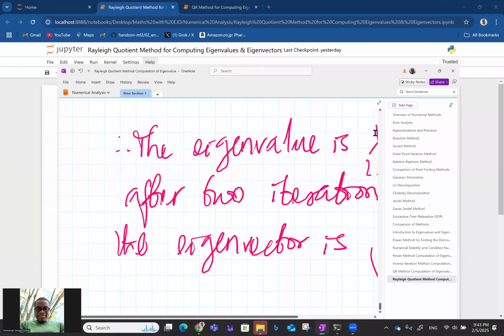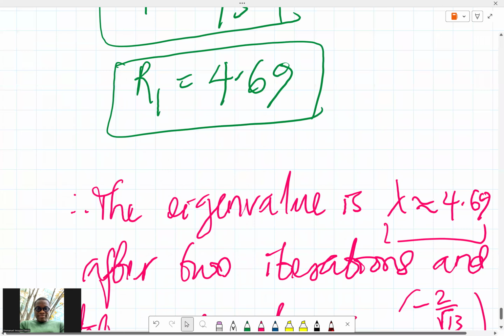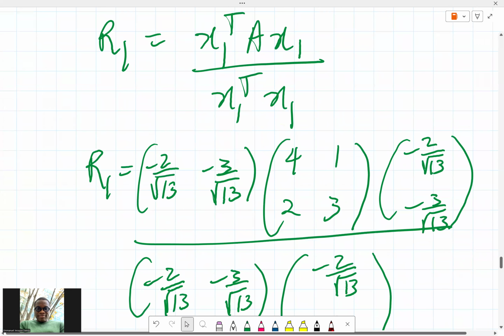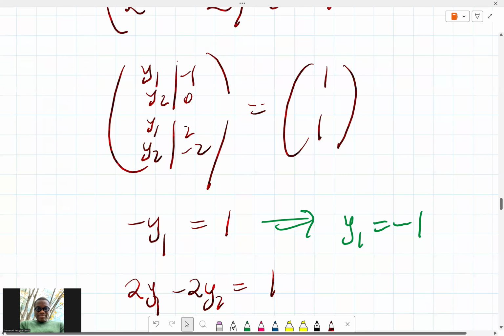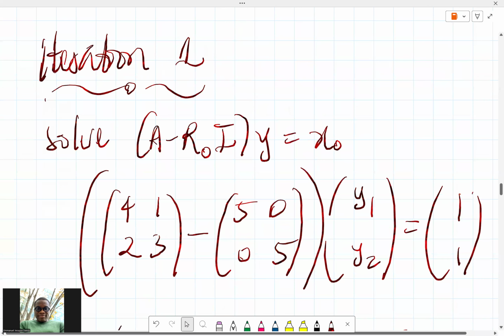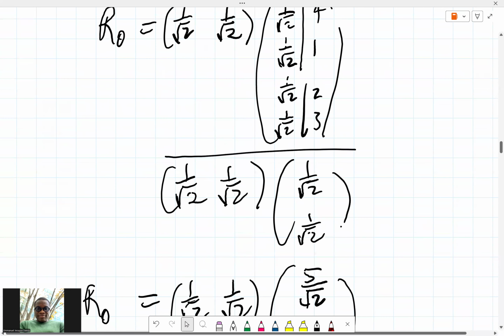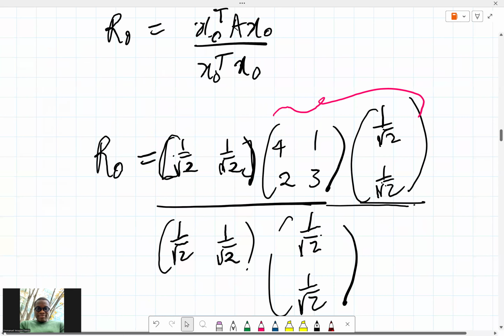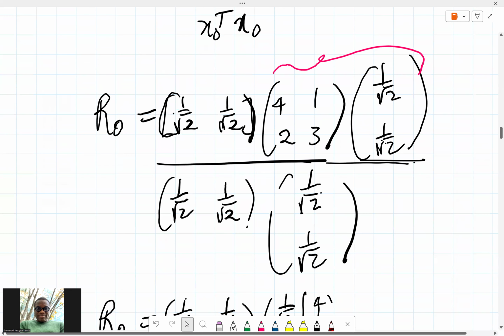So you will see that we already got our five straight after the first iteration. So the first Rayleigh coefficient R naught is 5, and the corresponding eigenvector is 1 over root 2, 1 over root 2 from the first iteration.